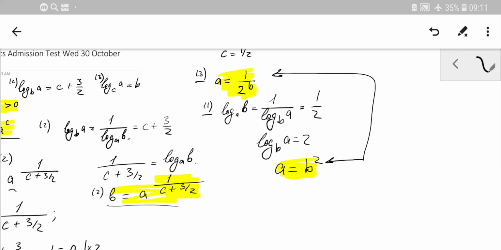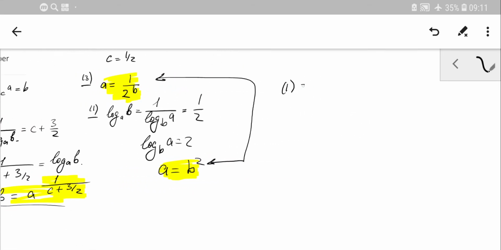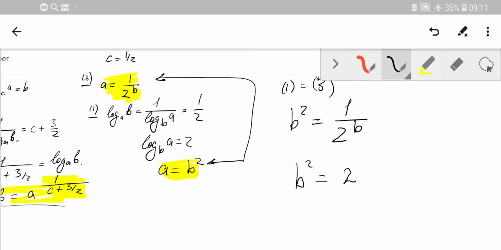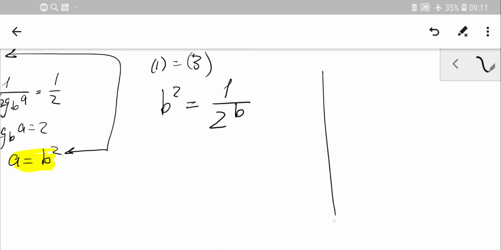Simply by equating, in terms of A, we'll have the following: B squared equals 1 over 2 to the power of B. Let's leave it as it is right now, and just estimate how many solutions there might be in terms of B.